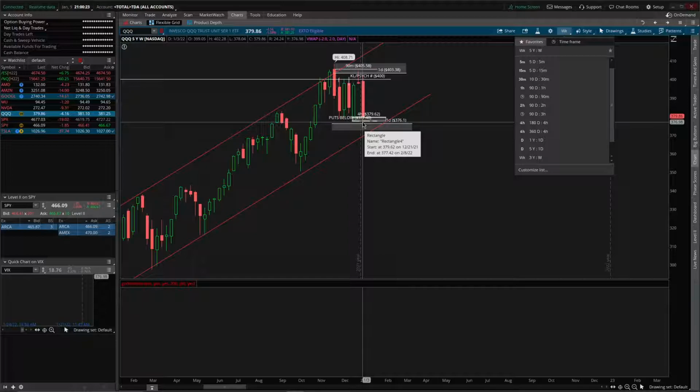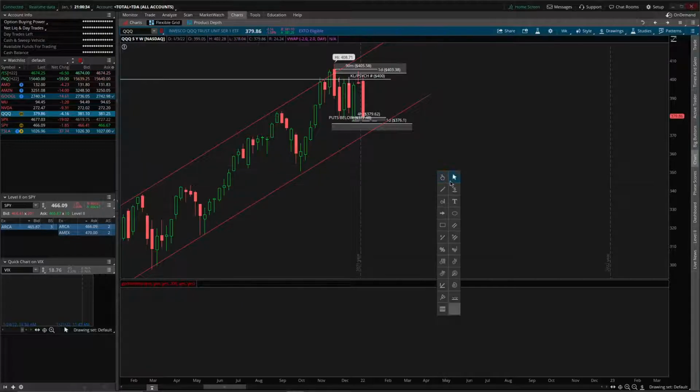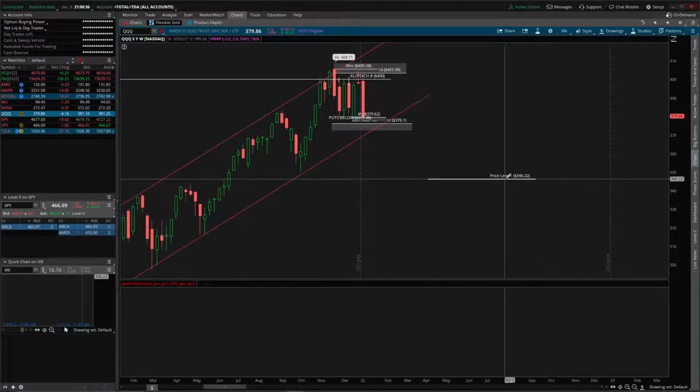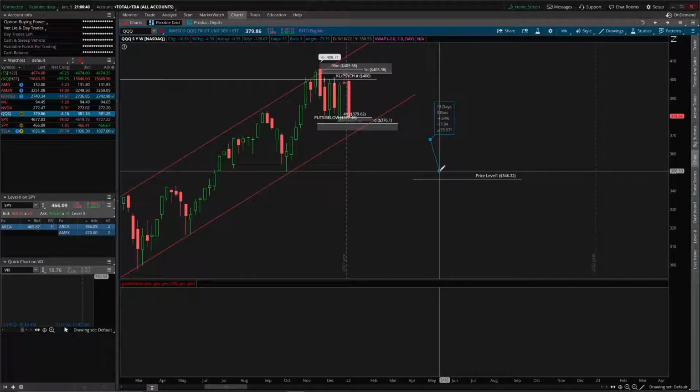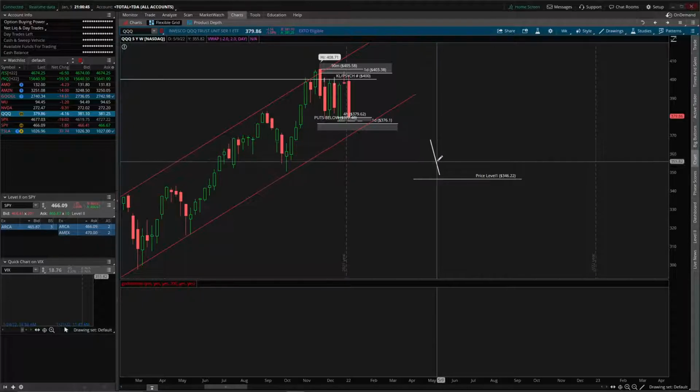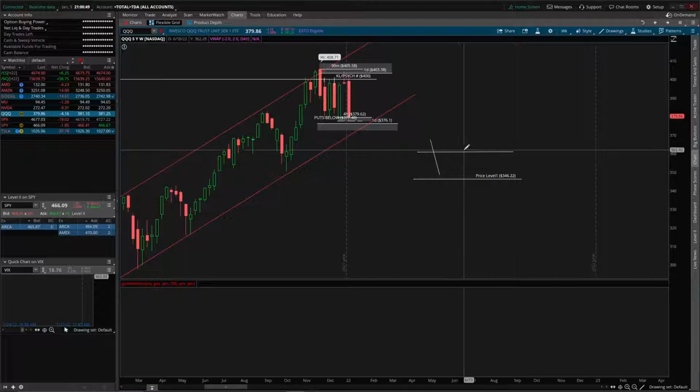Because if you do skip out, say you skip a 2 hour demand zone, you're targeting, let's just say this demand zone is right here. Price is coming, and let's just say there's a technical right here, say this is a whole number.